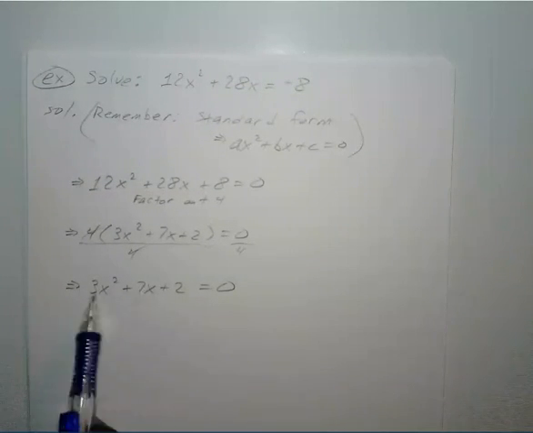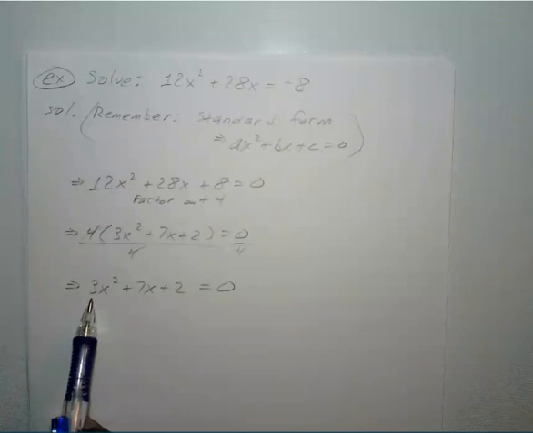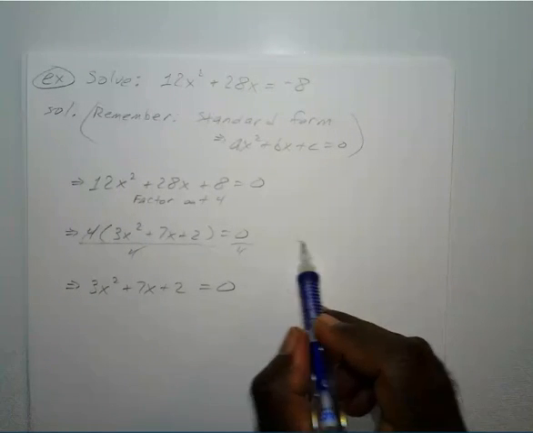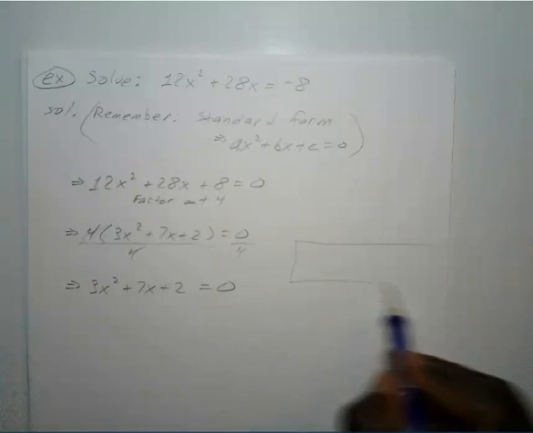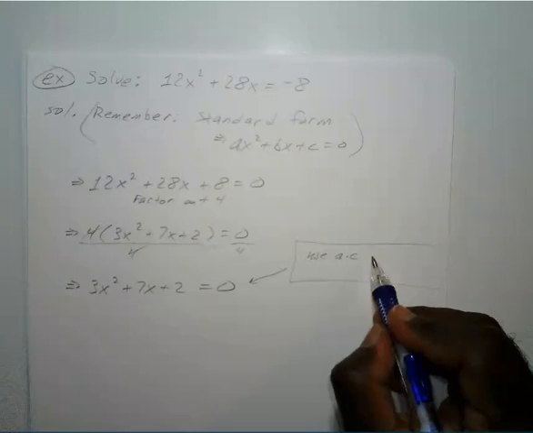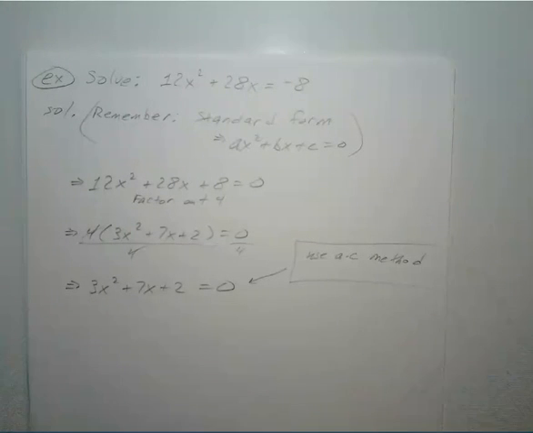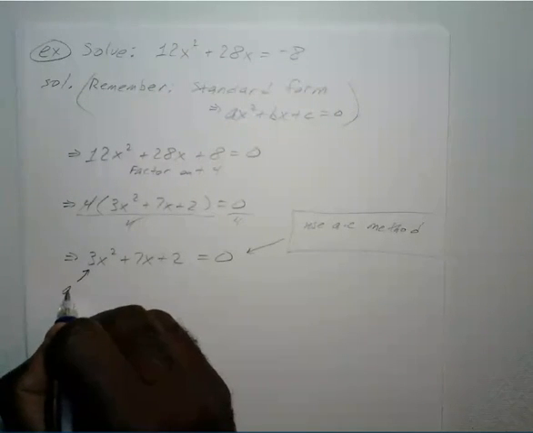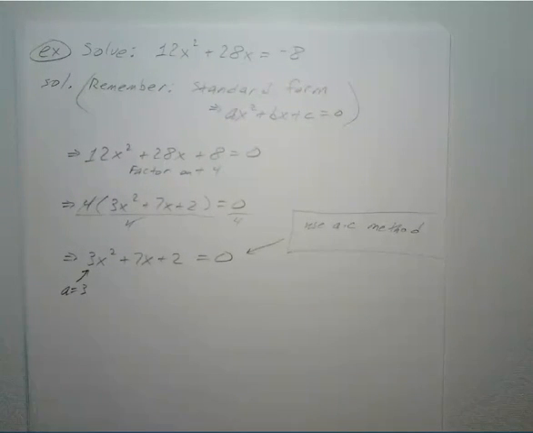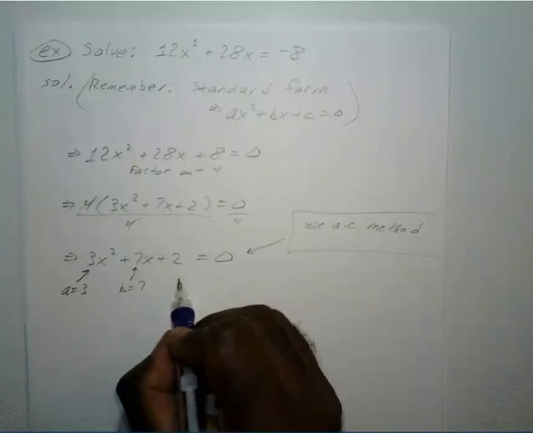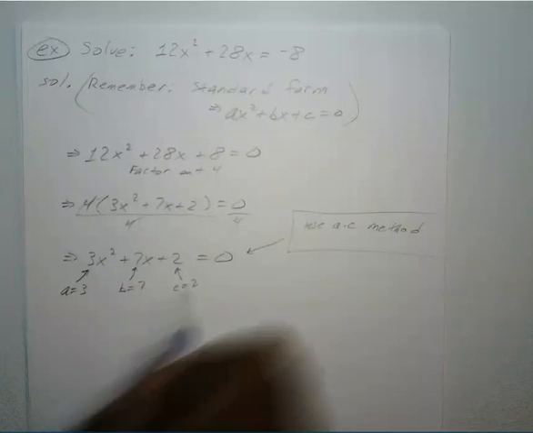Okay, now we can't factor out another value, and because we have a value in front of the x squared, we're going to use the a times c method. Okay, so with the a times c method, we know that a is equal to 3, b is equal to 7, and c is equal to 2.